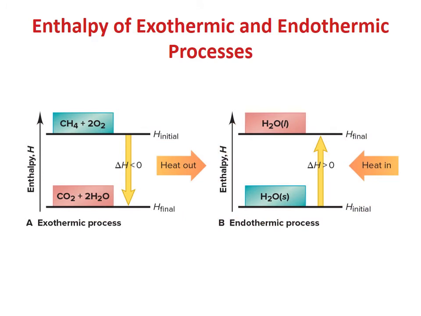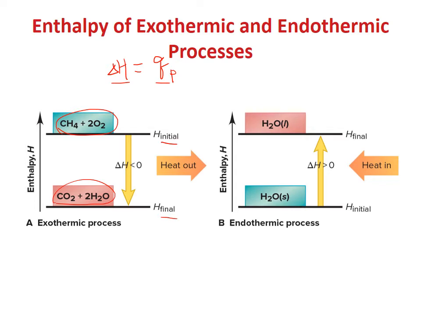Under constant pressure, enthalpy change equals heat, and therefore the sign of enthalpy change is the same as the sign of heat. Now suppose we have a system containing methane and oxygen, the 2 reactants, as the initial state, and the products CO2 and water as the final state.